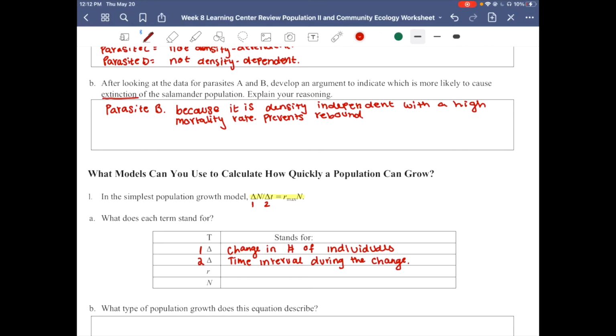And then R, the little r, is going to be the per capita population growth rate. And then finally, the N is going to be the initial number of the population, which is the number that we started with before doing the models.